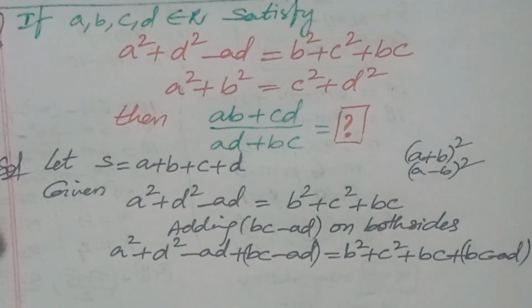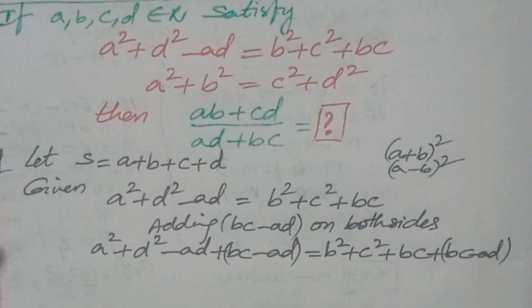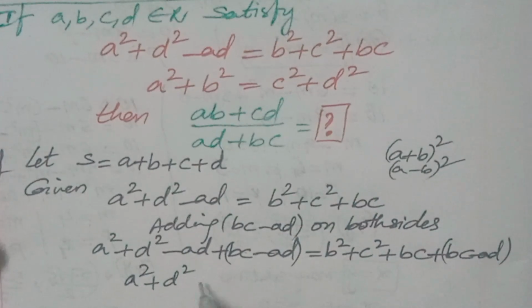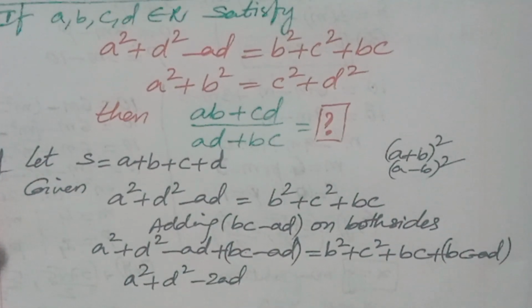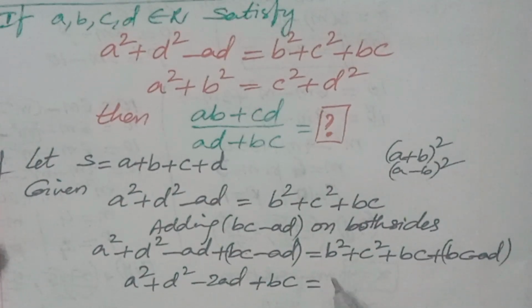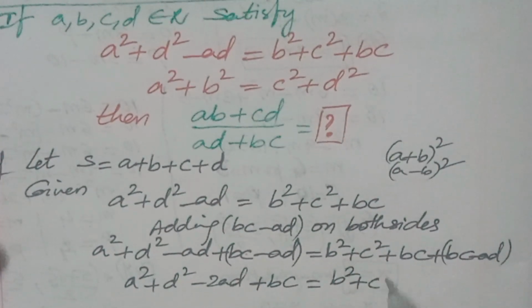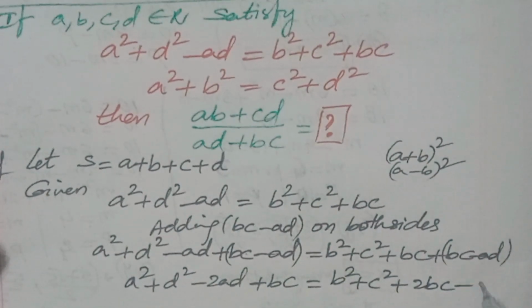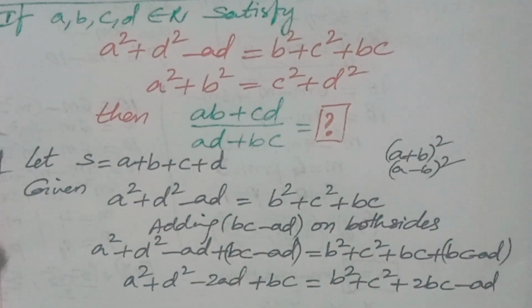We are adding BC minus AD on both sides. So this can be written as A square plus D square minus 2AD plus BC is equal to B square plus C square plus 2BC minus AD.